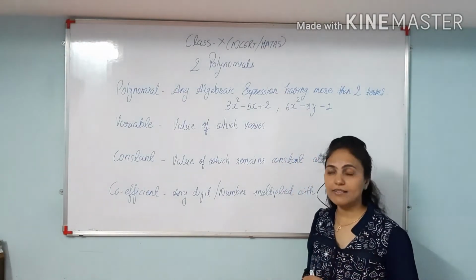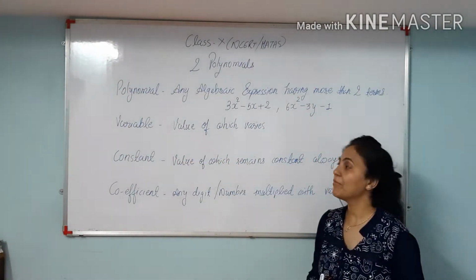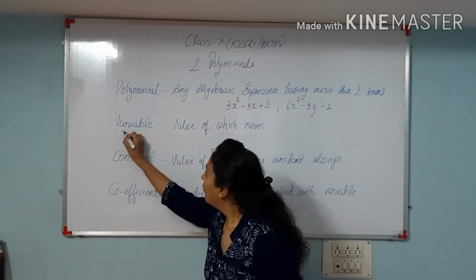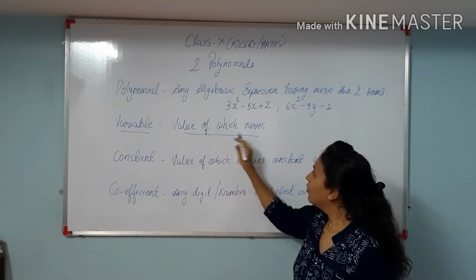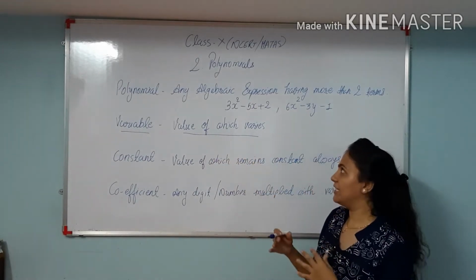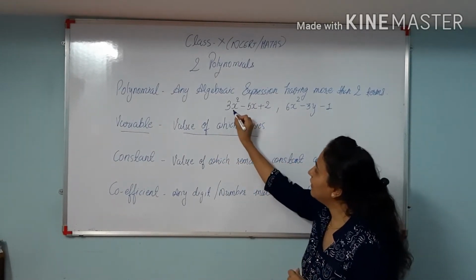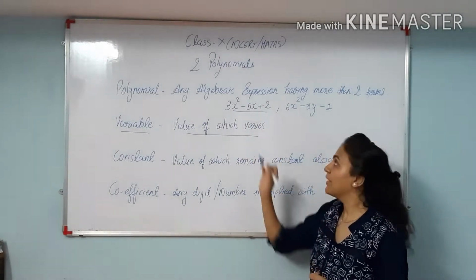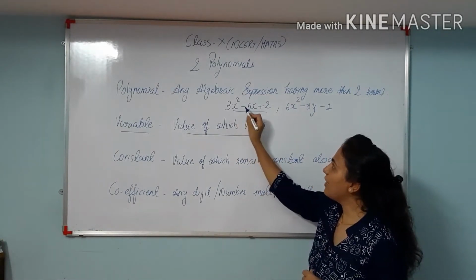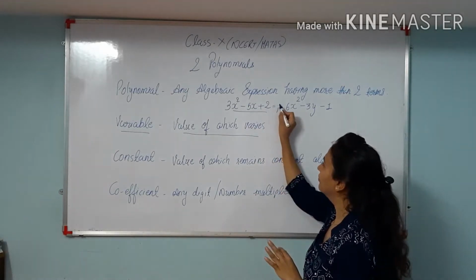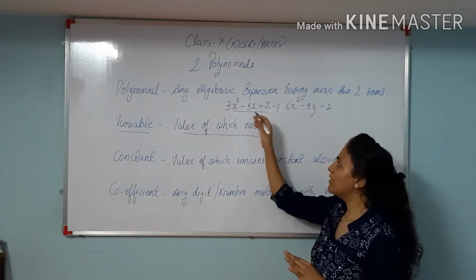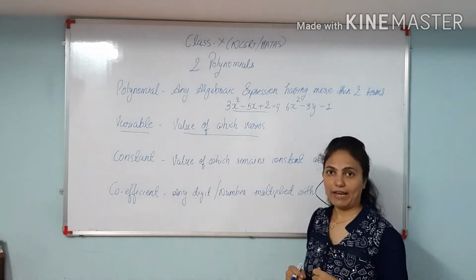Now question arises, what is variable? So variable is anything whose value keeps on changing. For example, if we will think of this polynomial. Okay. Here we can say 3x square minus 5x plus 2 is equal to f0. Okay, so we can easily find out the value of x.